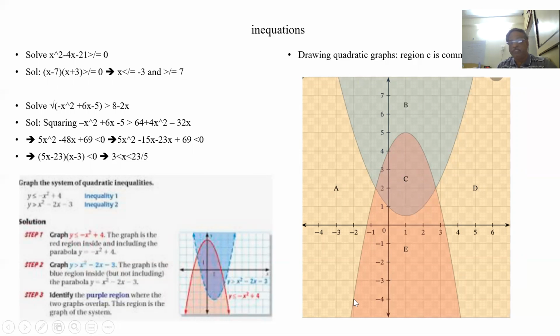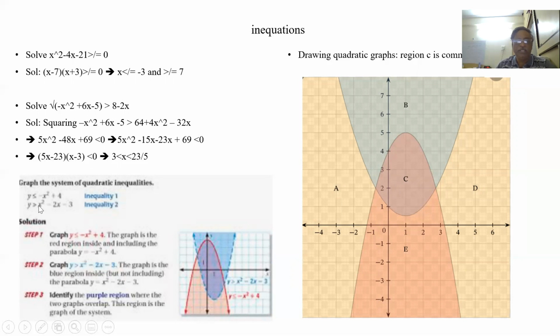This is a quadratic expression where b square minus 4ac is more than 0 because it is touching the x-axis. But the coefficient of x square is negative. So what is the zone? What is the value of x which is satisfying both quadratic expressions? So this C zone is satisfying both the expressions. It is common to both.